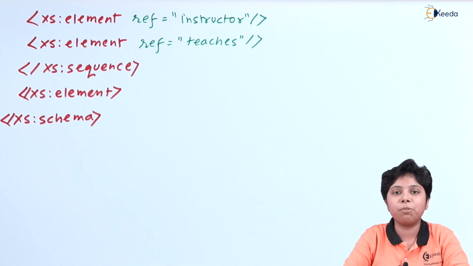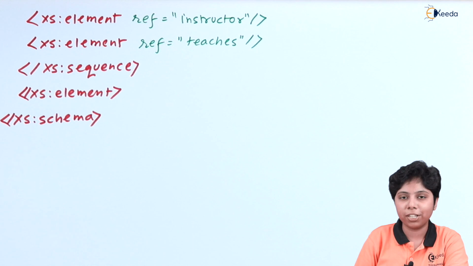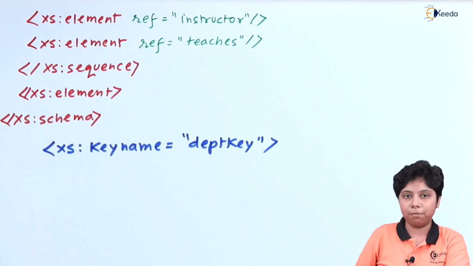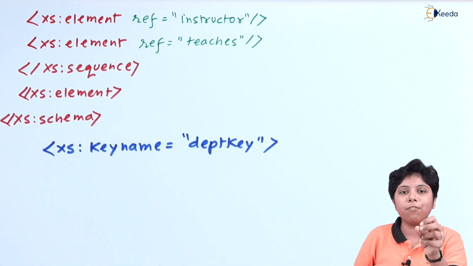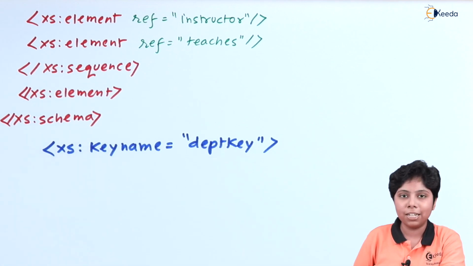Now we have based a basic schema on an XML. Now we will define the primary key and the foreign key constraints on this XML schema. First we will define how to declare a primary key within a relation. We can define it just like this. First we have to mention a key name, that means the name by which the key will be referenced. So here the primary key on the department relation will be given a dept key name.